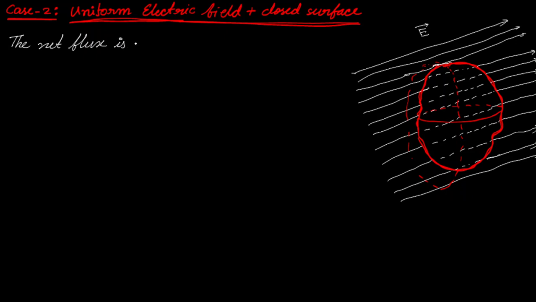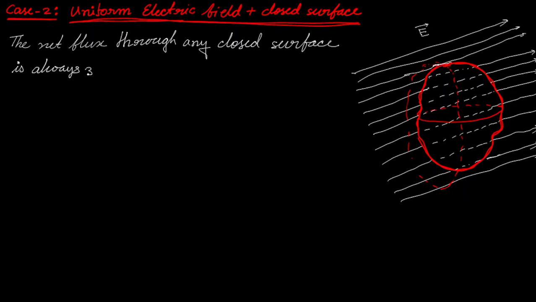The net flux through any closed surface is always 0 when it is placed in a uniform electric field.